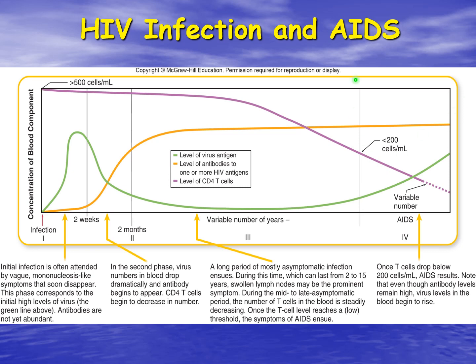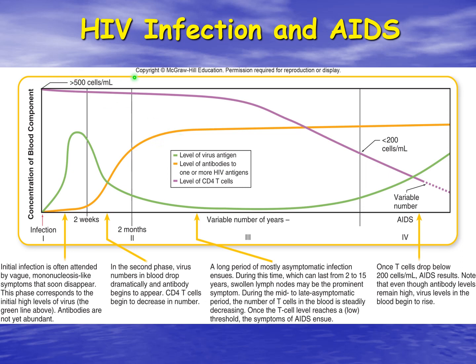And this graph just simply shows the initial infection is most often attended by vague mononucleus or flu-like symptoms that soon disappear. This phase corresponds to the initial high levels of the virus, which is the green line here, and the yellow line is just showing the progression of the level of antibodies.